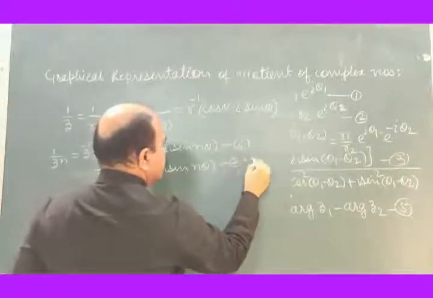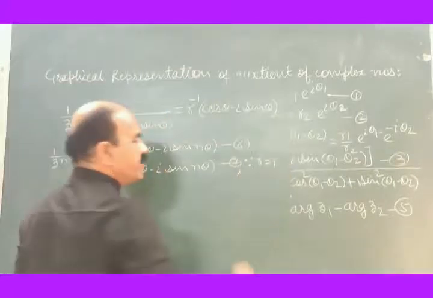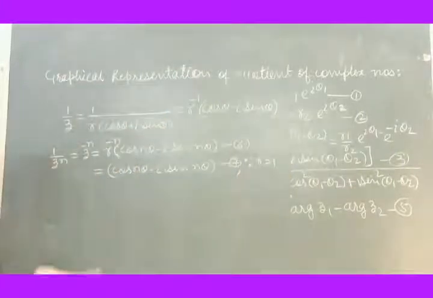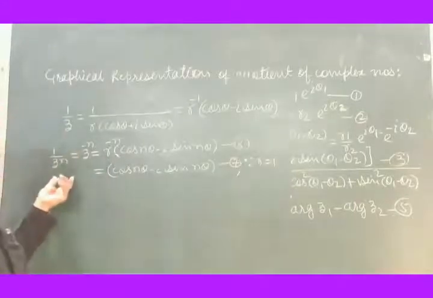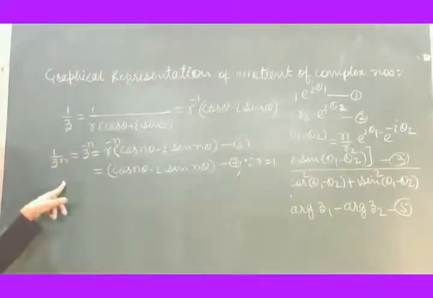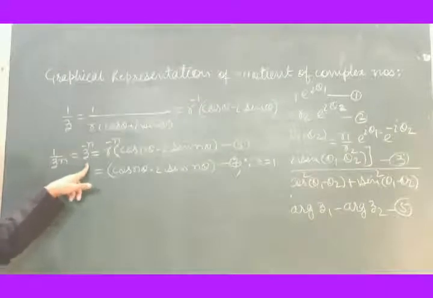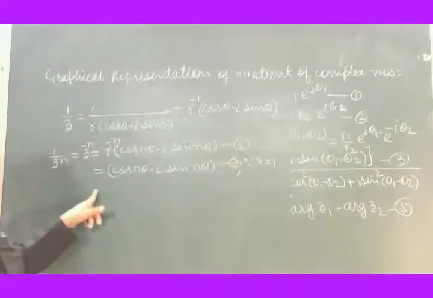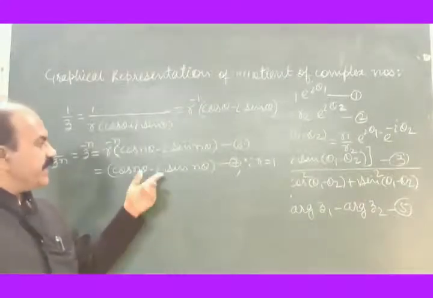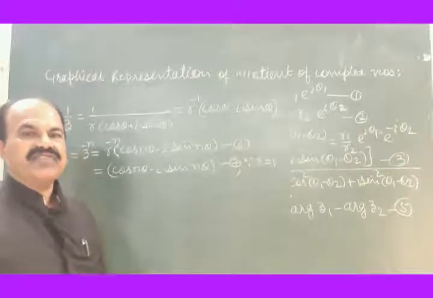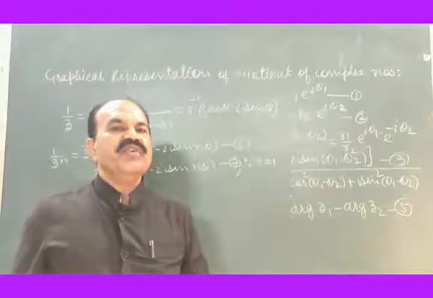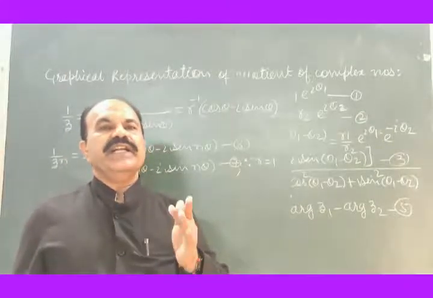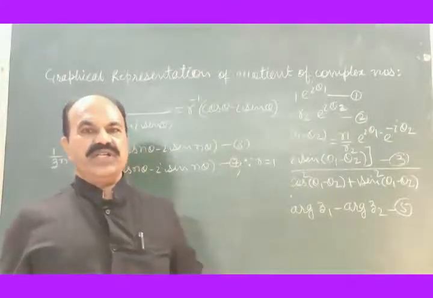The reason is r is equal to 1. Since we have considered r is equal to 1, our equation will become 1 by z to the power n, that is equal to z to the power minus n is equal to cos n theta minus i sin n theta. Equation number 7. This is de Moivre's theorem for negative integer exponent.